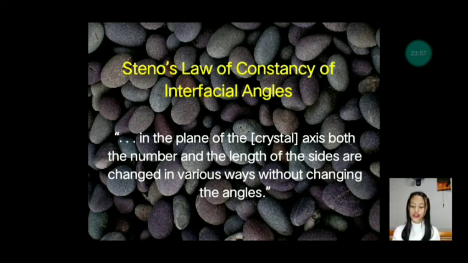Steno's law of constancy of interfacial angles: in the plane of the crystal axis, both the number and the length of the sides are changed in various ways without changing the angles. The other principles are often called Steno's laws, but this one stands alone at the foundation of crystallography.